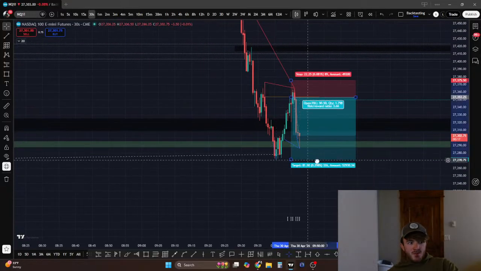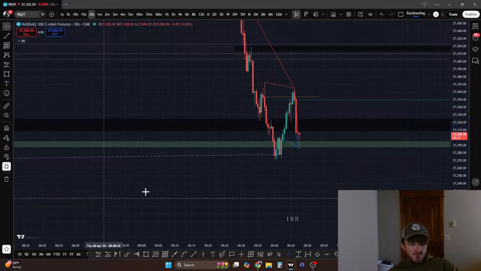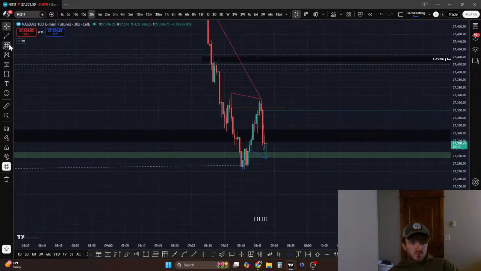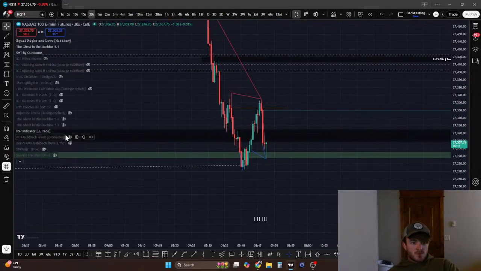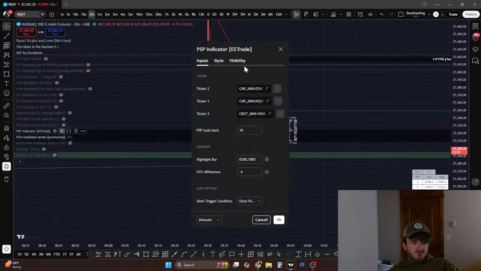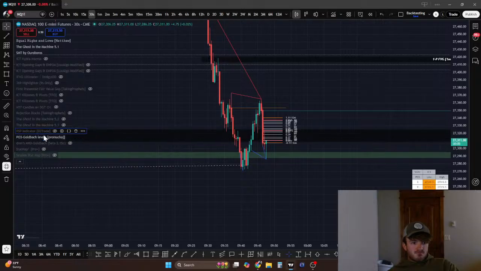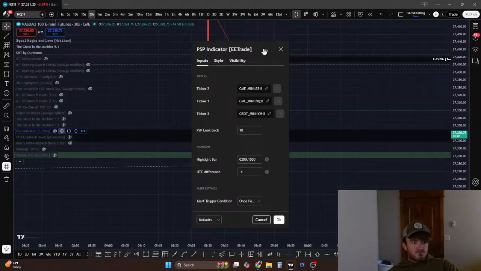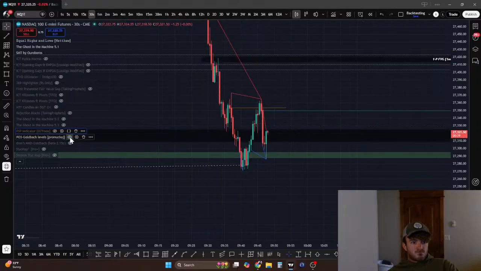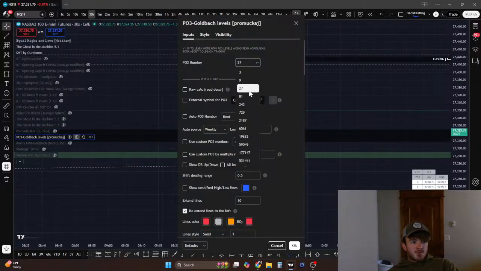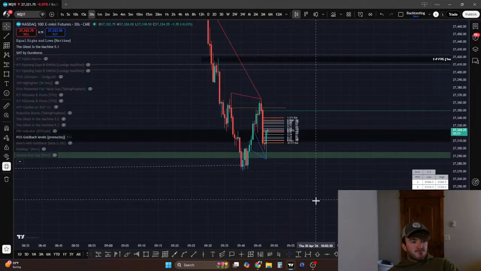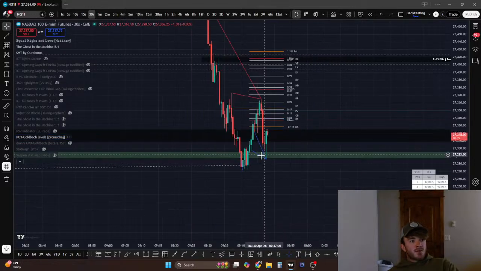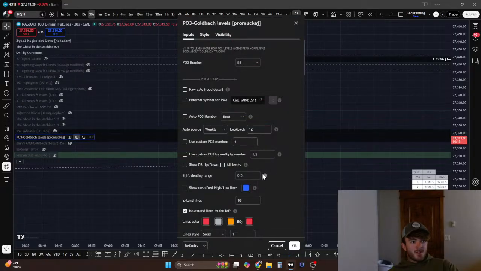We're reclaiming the Reaper gap. I wouldn't be surprised if we have a fair value gap within there.